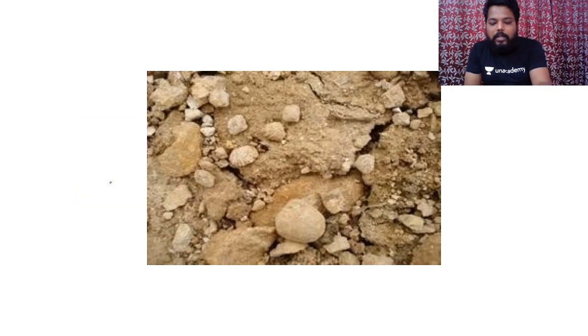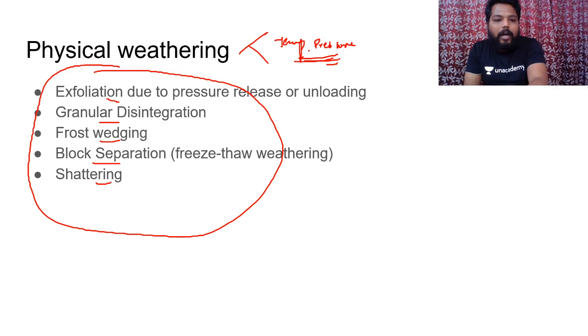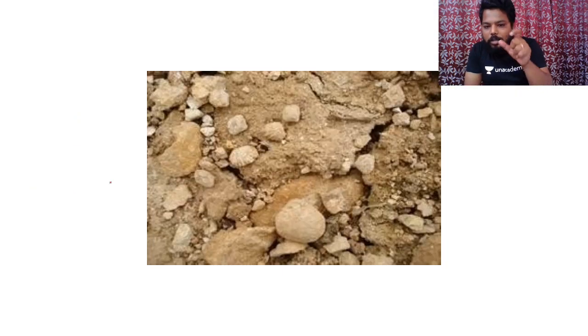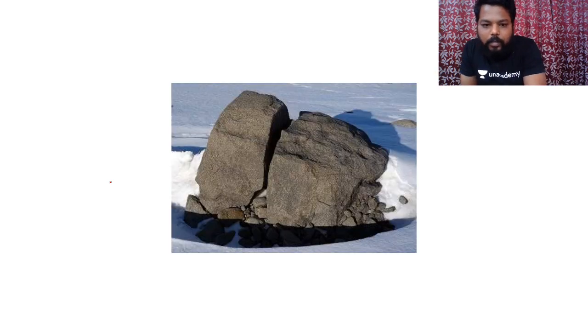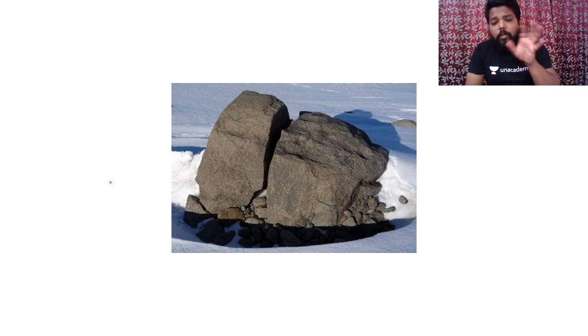And here you can see granular disintegration. The rocks from the main substrata are disintegrating, and this is called granular disintegration of rocks. Clear? And here you can see frost wedging. The breakage in this particular image has been created because of the alternate thawing and freezing process.